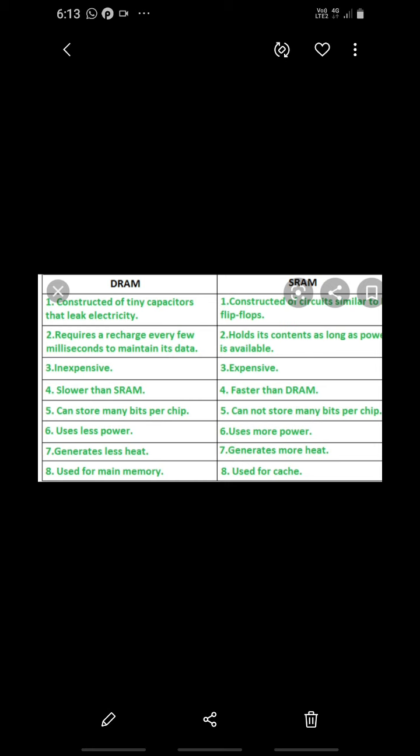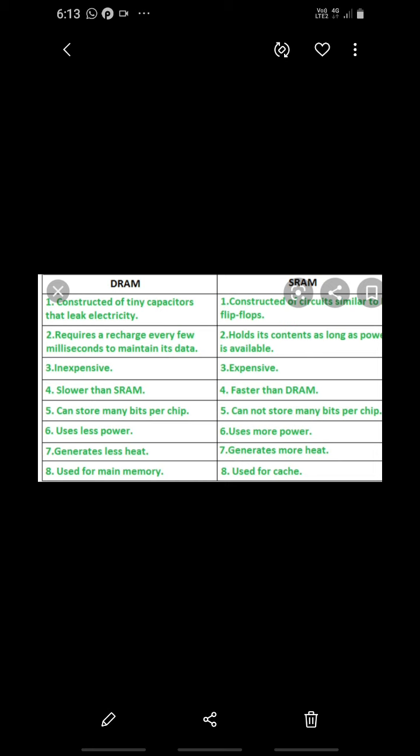Next, the difference between DRAM and SRAM. Dynamic random access memory. Static random access memory.